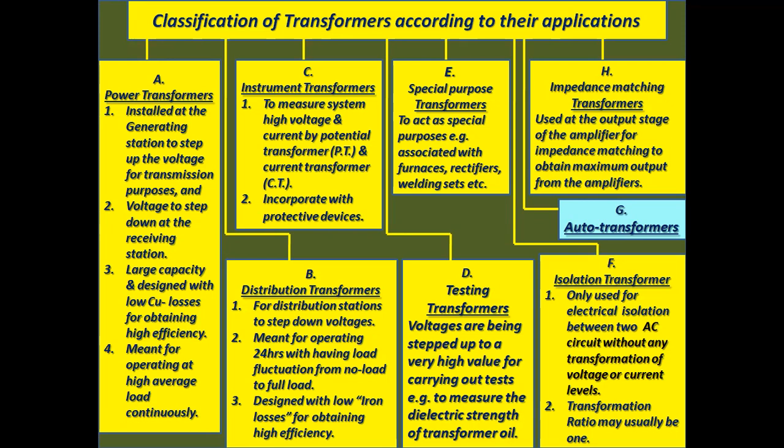Instrument transformers measure the system high voltage and current by potential transformers, that is PT, and current transformers, that is CT. They are incorporated with protective devices also. Testing transformers: voltages are stepped up to very high values for carrying out tests, as for example to measure the dielectric strength of transformer oil or any high voltage tests.